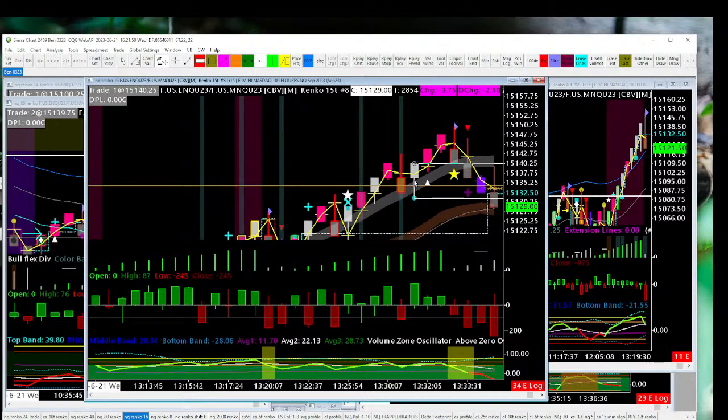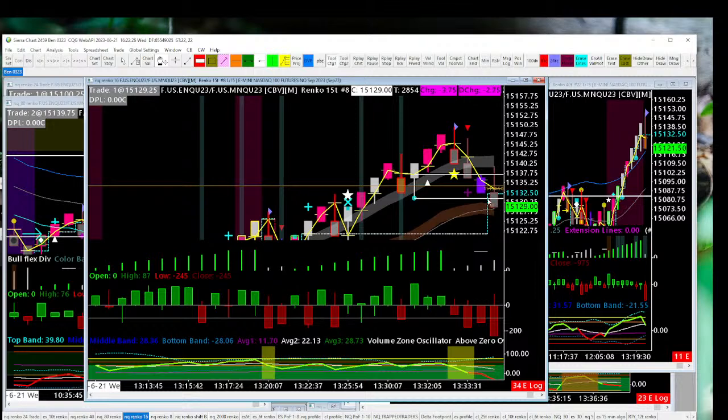That VPOC usually gets a retrace just naturally because it had so much volume. The difference between people buying aggressively and people selling aggressively being so huge makes the auction want to come back and test it and make sure that buyers are still overpowering sellers, especially after trading under it.